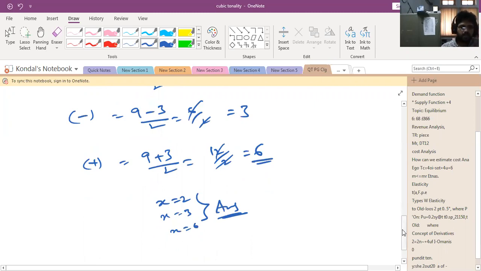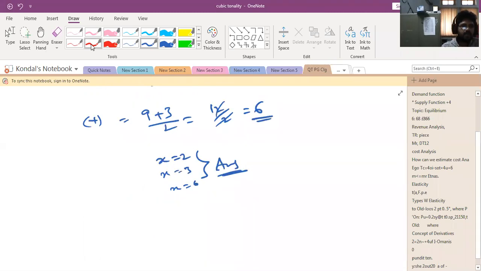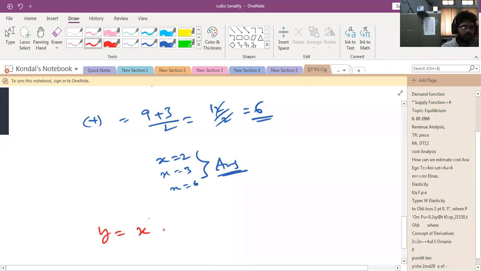So we can go with that equation, that is y is equal to x power 3 minus 11x square plus 36x minus 36.